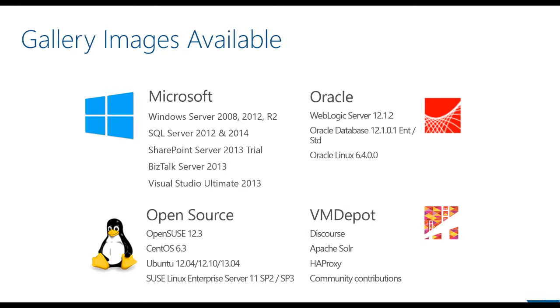There are also open source images, so if you're a Linux user, you have in the platform OpenSUSE, CentOS, Ubuntu, and SUSE Linux Enterprise Server. And if those don't meet your needs, then you can use VM Depot images, which are a bunch of gallery images created specifically by the community. So these are pre-configured images that have a very wide variety of open source solutions available to them.